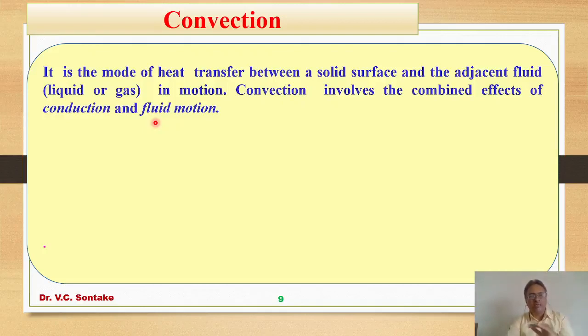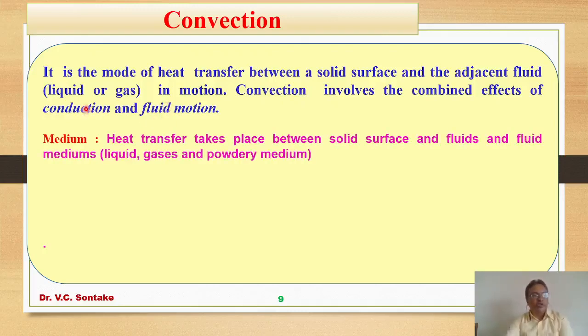Whereas in conduction, the medium through which heat transfer takes place is not moving at all. So these are the media by which heat transfer will take place between solid surface and fluids, between fluid mediums. The fluid medium combination can be liquid-liquid, liquid-gas, liquid-powdery medium or gaseous-powdery medium.